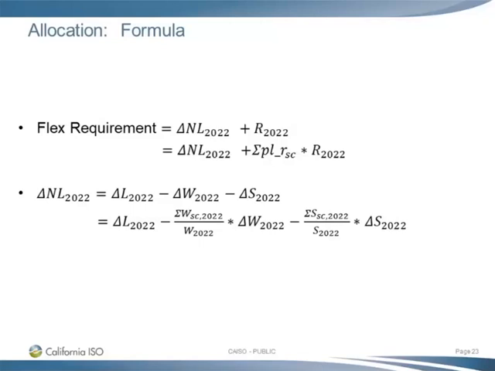Net load is equal to the load ramp minus the wind ramp minus the solar ramp. Then we further do this proportion for the wind and the solar. The wind is allocated by the ramp of the wind in 2022 times the proportion of nameplate capacity submitted in the 2022 survey for each LSE.